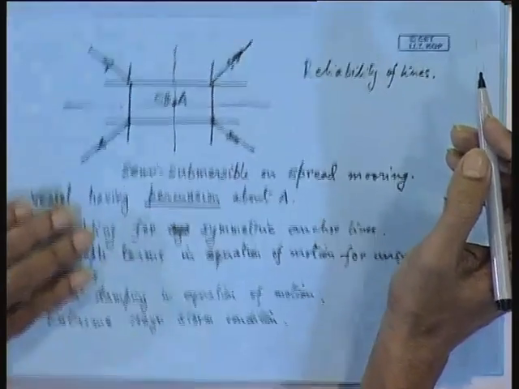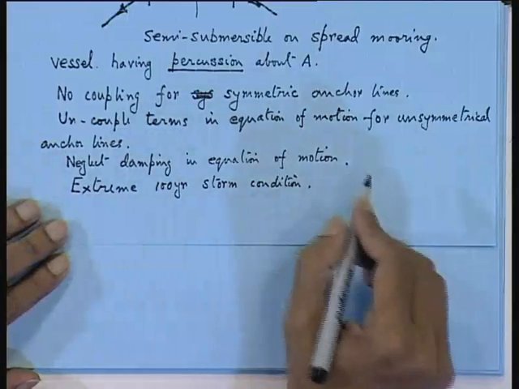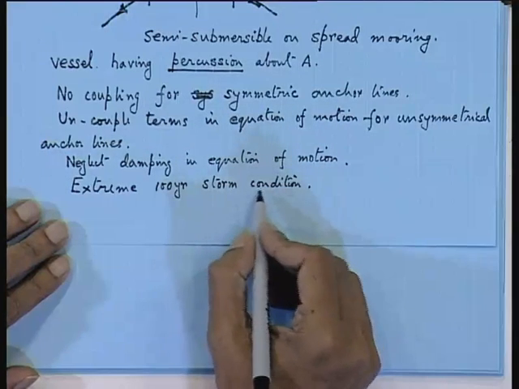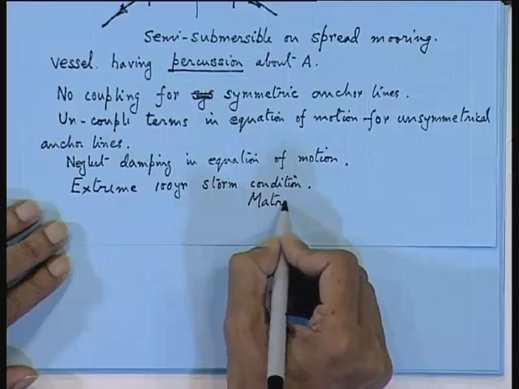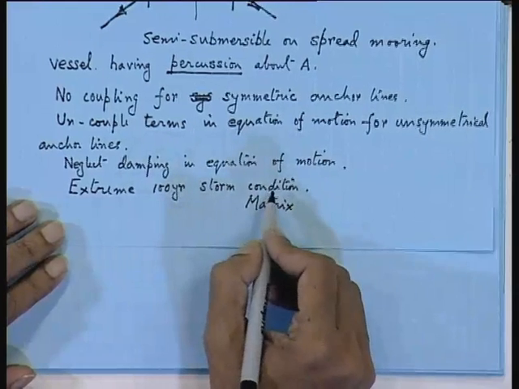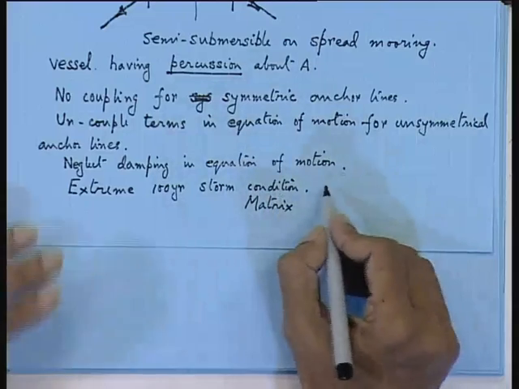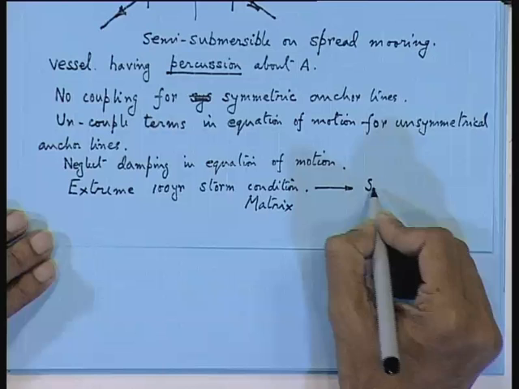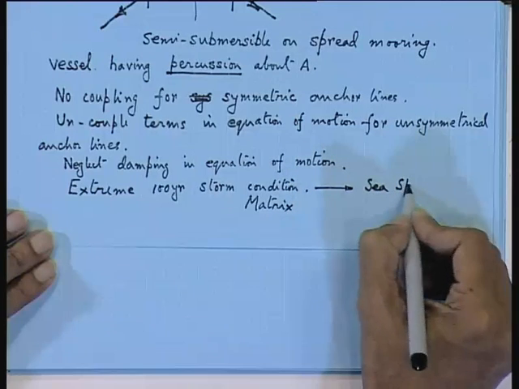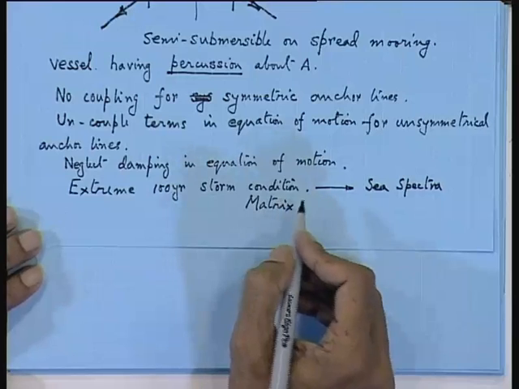So extreme 100-year storm condition, and normally the client will require you to make a sort of a matrix. You have to give him, say, the 100-year storm condition, the maximum storm condition that is occurring. This you have to get from sea spectra, again the previous class. So 100-year maximum wave.